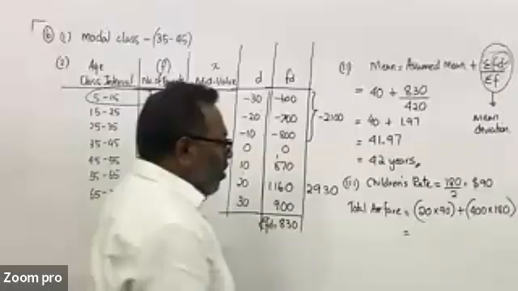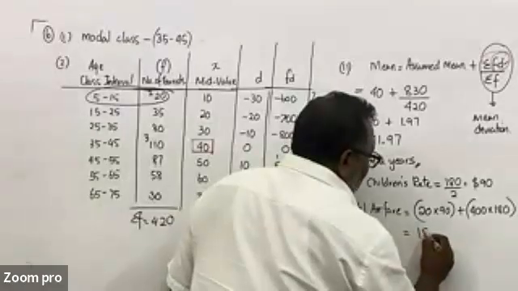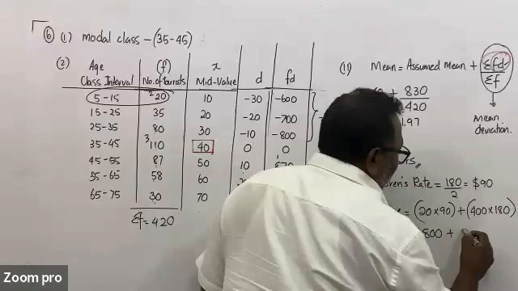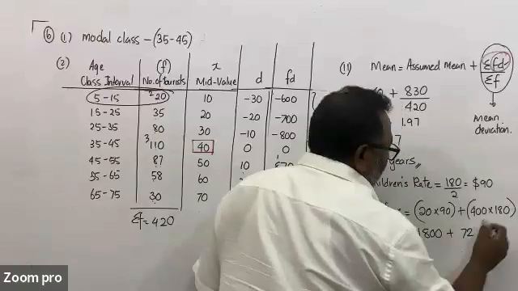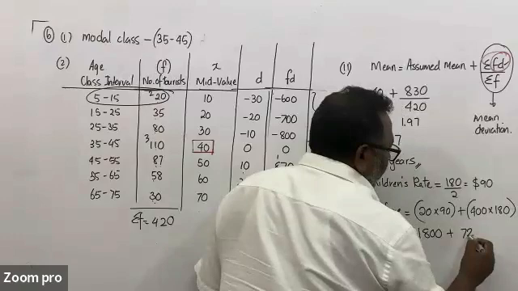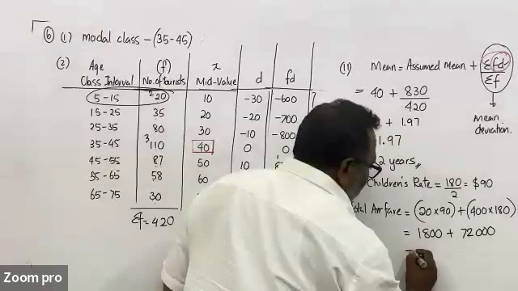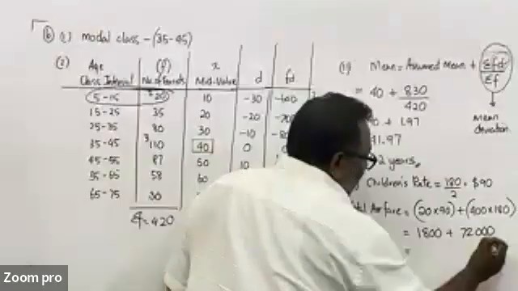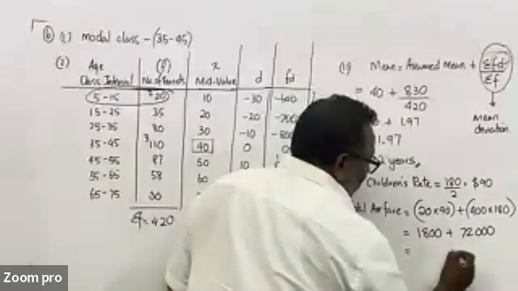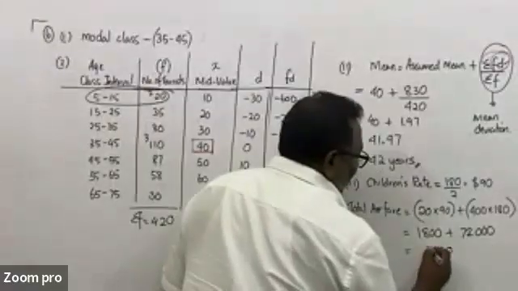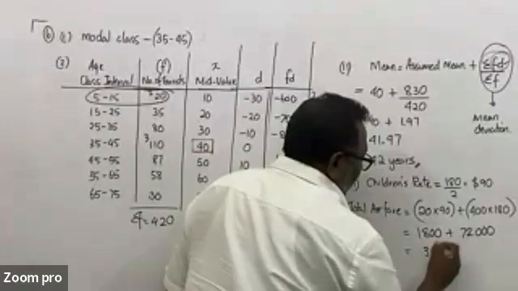So 20 into 90 is 1,800 plus 4 into 18 is 72. 8 into 4 is 32. 3 carry forward 72. 3 zeros. So total cost is going to be how much? 0 plus 0 is 0. 0 plus 0 is 0. 8 plus 0 is 8. 2 plus 1 is 3. 7.